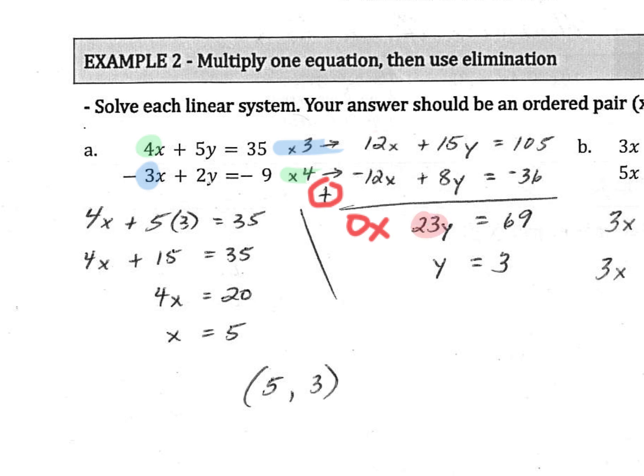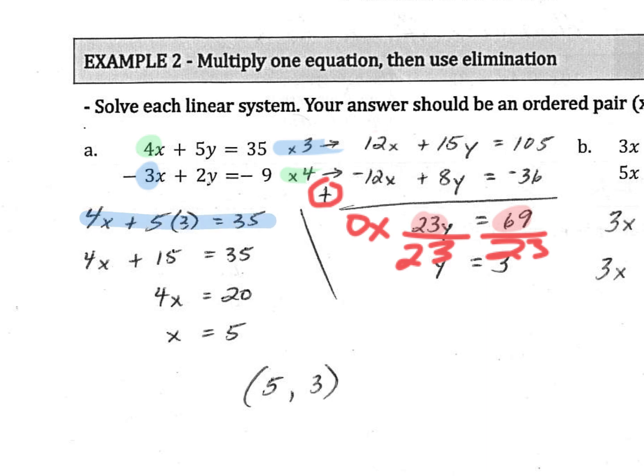I'm going to add 105 and negative 36 to get 69. Okay, so our last step to get y by itself is we're going to divide by 23. Divide both sides. We get y equals 3. Now we have to go back to here.